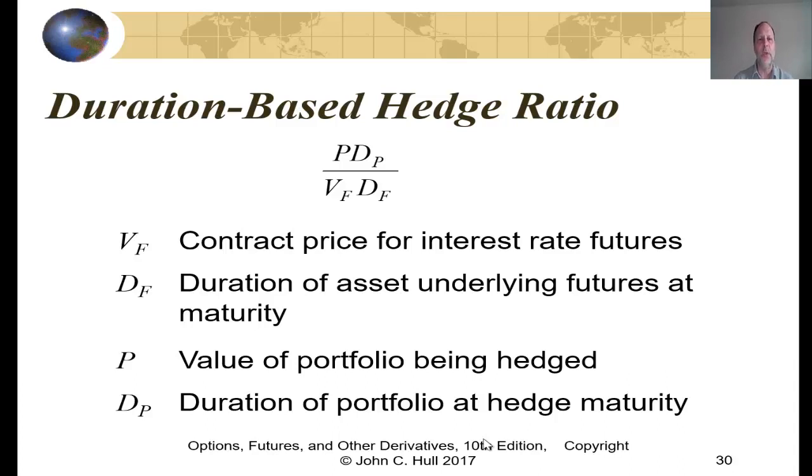Duration-based hedging must be corrected using a hedge ratio because the duration of what you are going to hedge is not necessarily going to be the same as the duration of the hedging instrument you use.